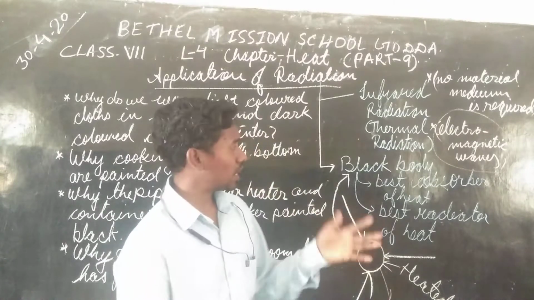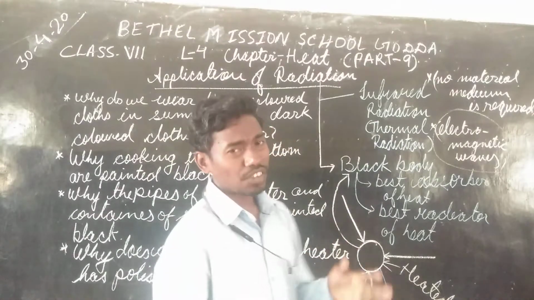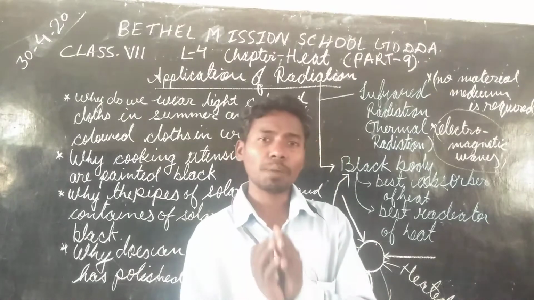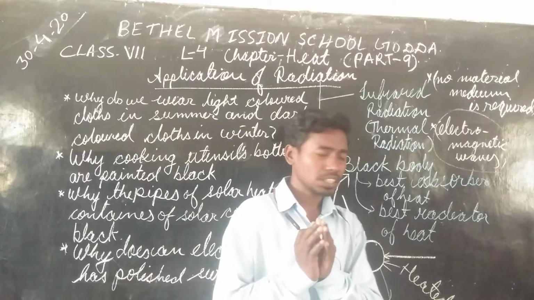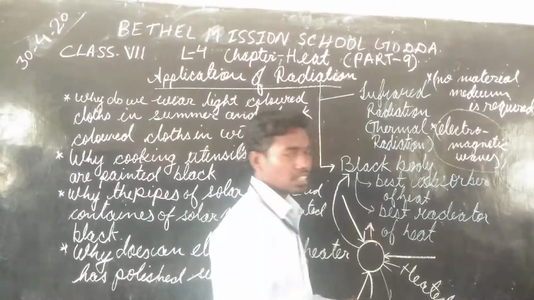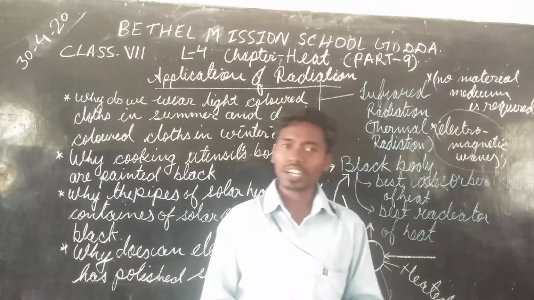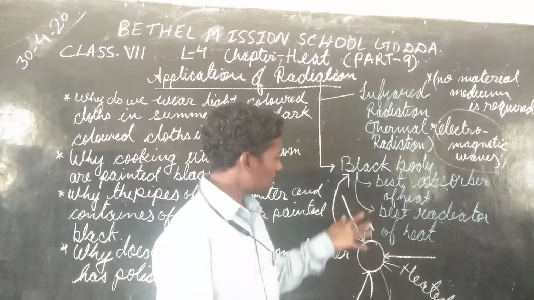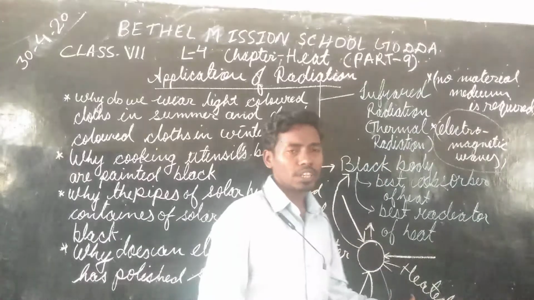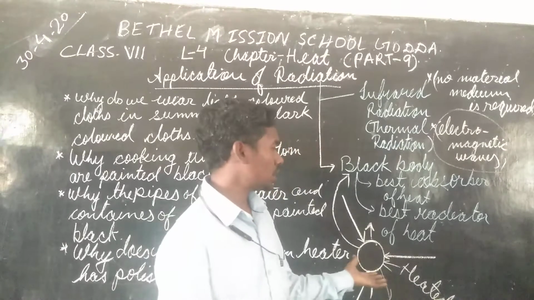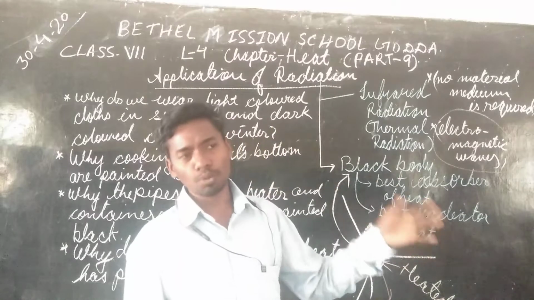I told you on that day that the radiation done by a body depends upon its temperature: the greater the temperature, the greater is the radiation. So when a black body absorbs heat, it gets more heated up, and since it gets more heated up, it also radiates more.